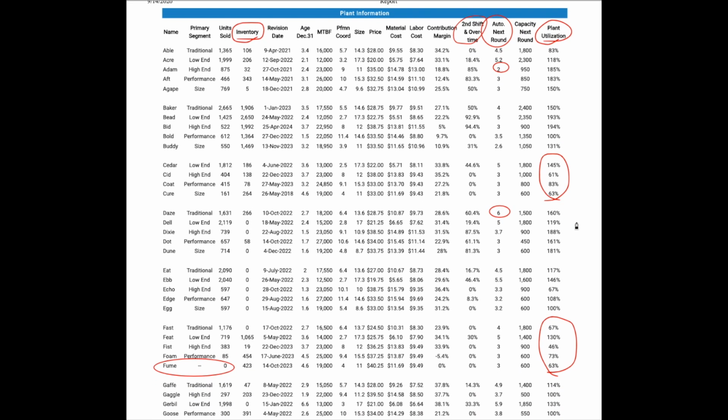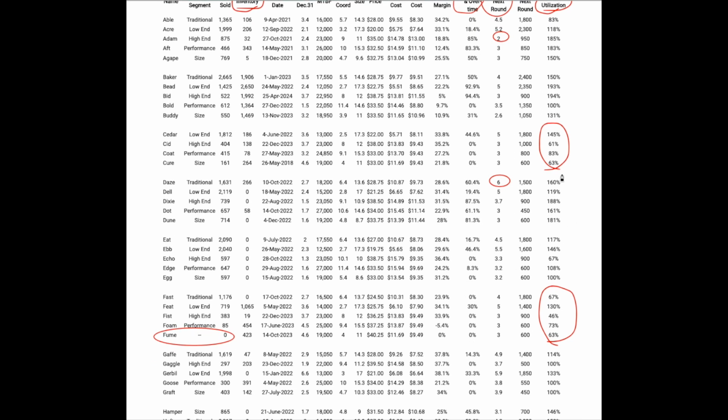Okay. Next one is the plant utilization. You can see some of the teams utilize like 6%, 60%, and 80%. Then your team needs to pay attention. You really need to fully utilize your plant because you invested, and if you don't use it, it depreciates, and then your company will lose money.